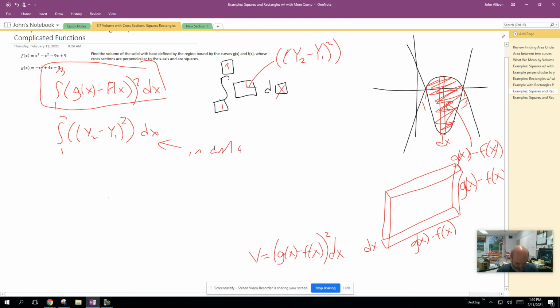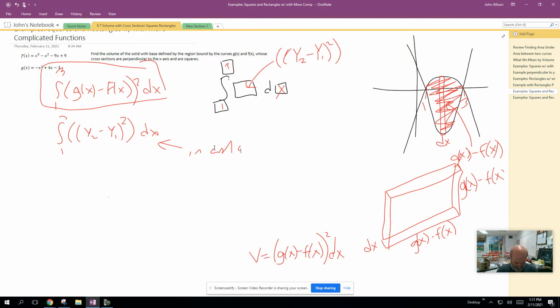But I'm going to go ahead and find that on the calculator. So I can quit. From 1 to 3, oops. And there's parentheses opening up.